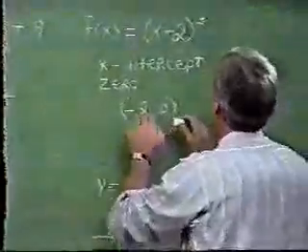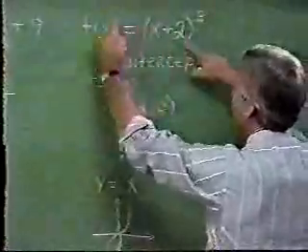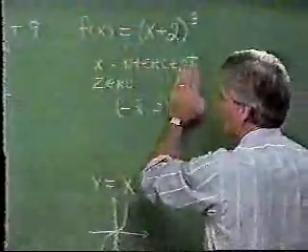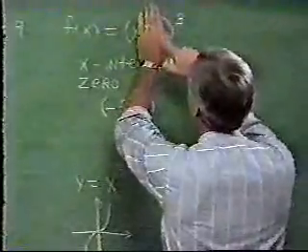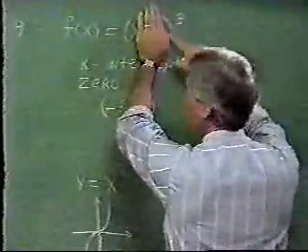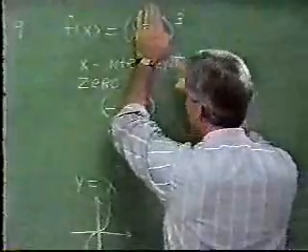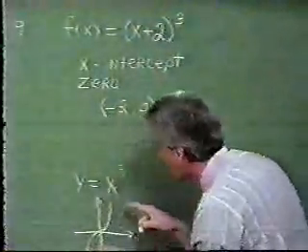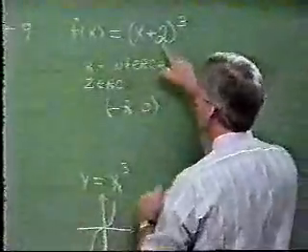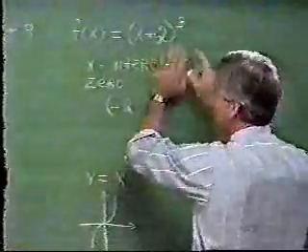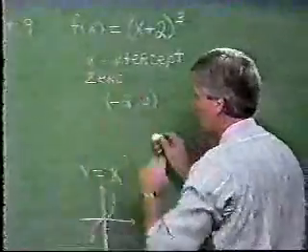Now what happens? Well, we understand from our previous work about transformations that this will be the normal f of x is x cubed function, a little curvy function, which looks like this, by the way, only it is shifted 2 positions in a direction we don't expect. So it's going to move 2 over to the left on our coordinate system.